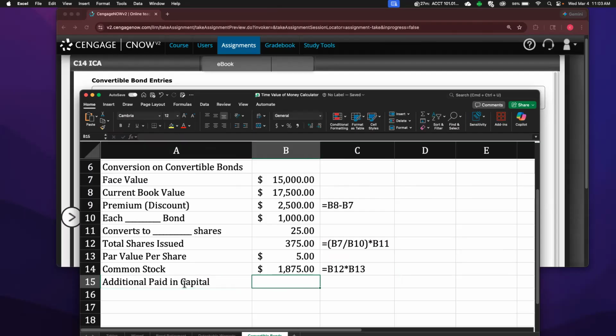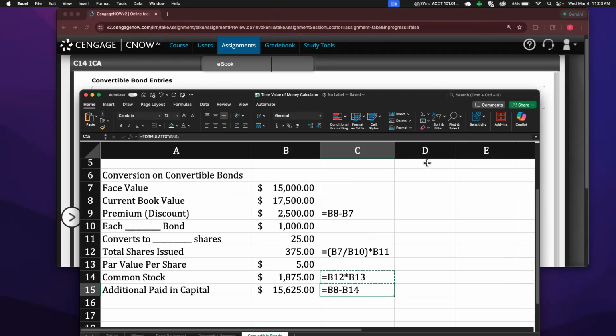Our additional paid in capital is the difference between our current book value and our common stock issue. So 17,500 minus our 1875. So additional paid in capital for our bond conversion is 15,625.